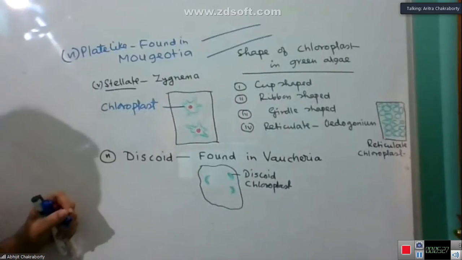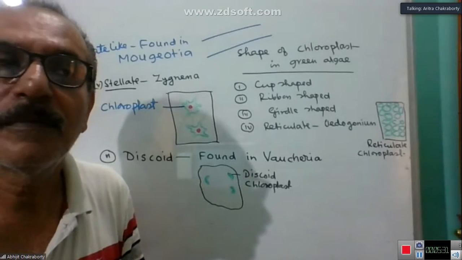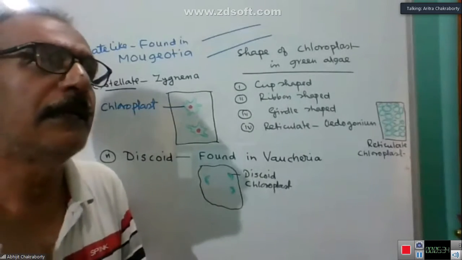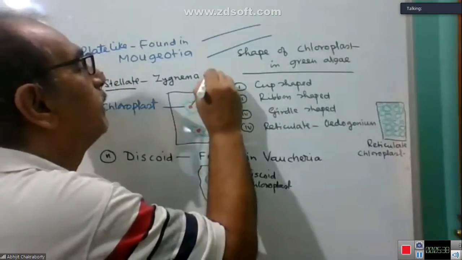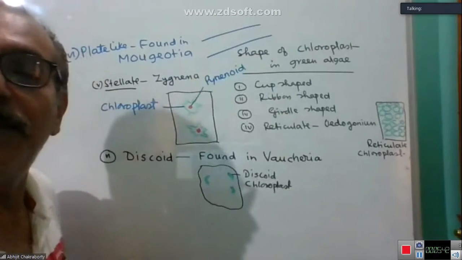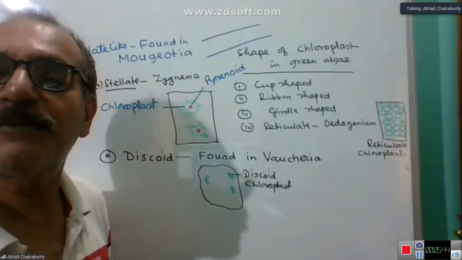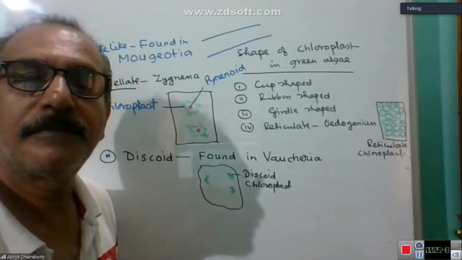Sir, is there protein in that stellate chloroplast? The basically red dot inside this is the pyrenoid. Pyrenoid is made of protein and starch both. Clear?